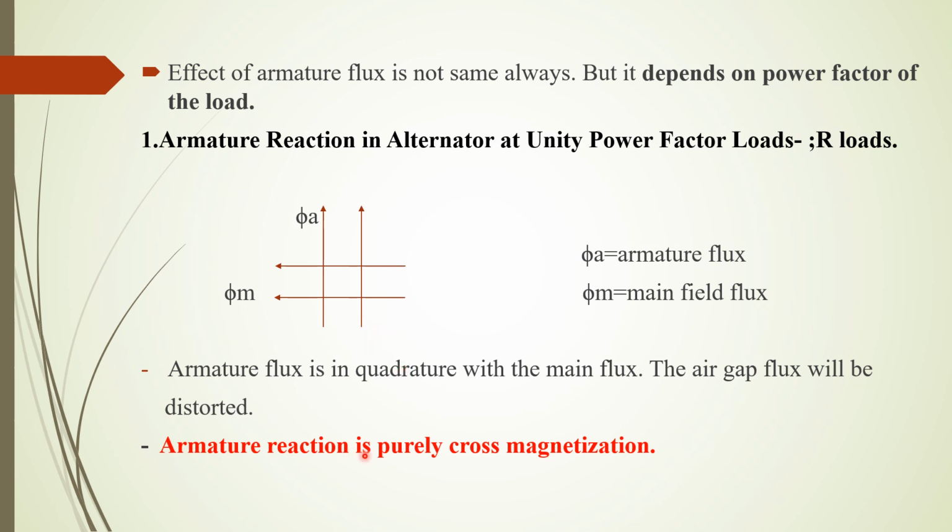So the armature reaction at unity power factor will be purely cross magnetization, with armature flux and main field flux in quadrature with each other.